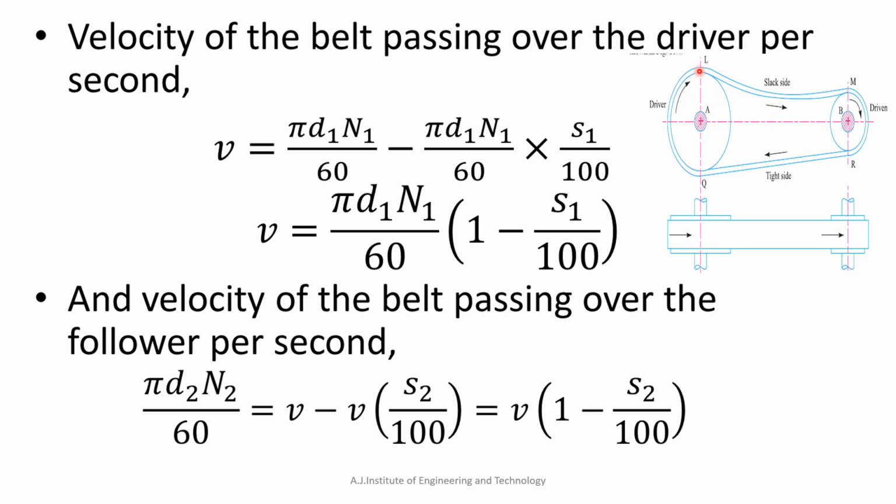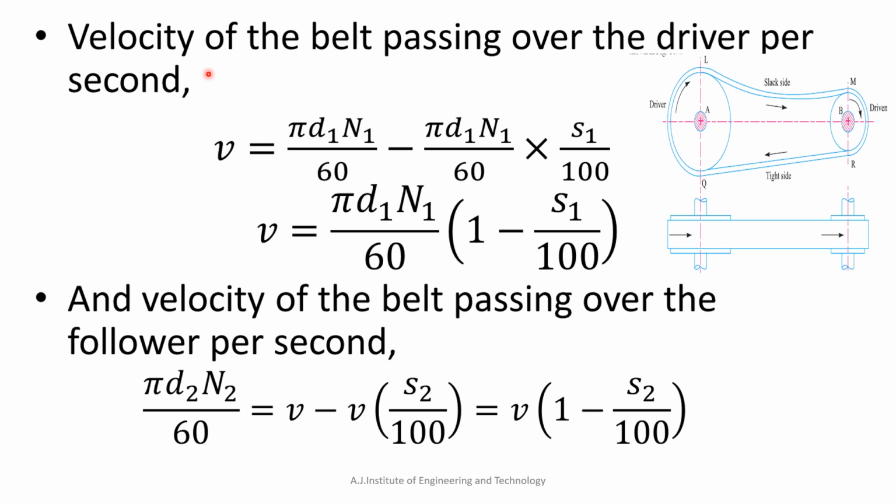One is here: while power transmission takes place from this pulley to the belt, some slip occurs, and the pulley simply rotates without carrying the belt. The other way slip occurs is here, where the belt is rotating but not transferring to the shaft, not transferring to the follower. In that case also slip occurs. We'll see these two types of slip in the formulas.